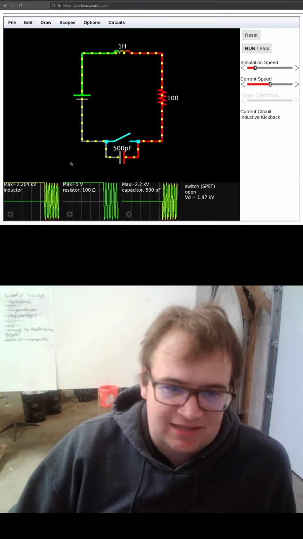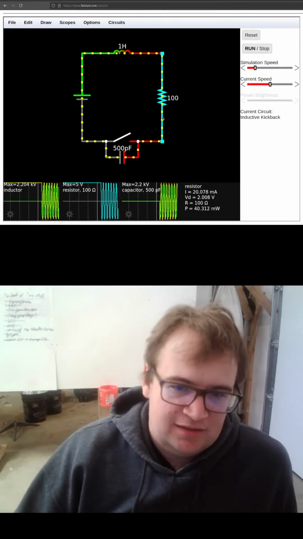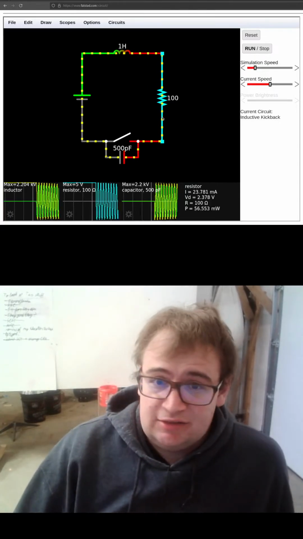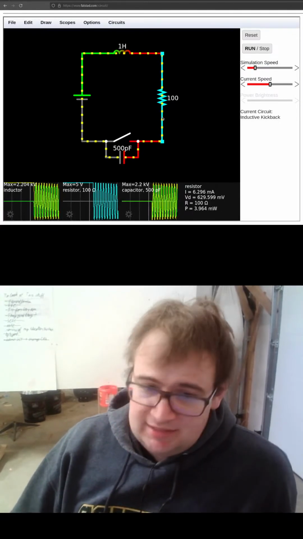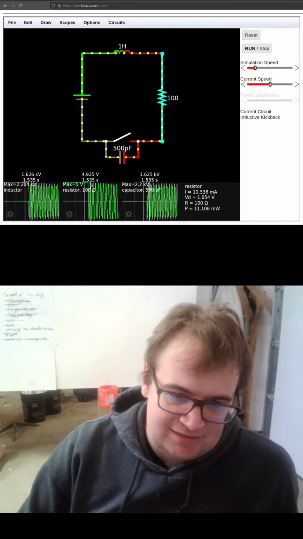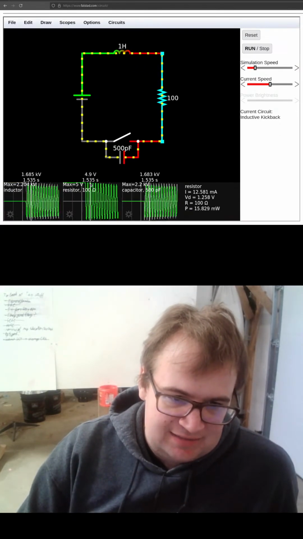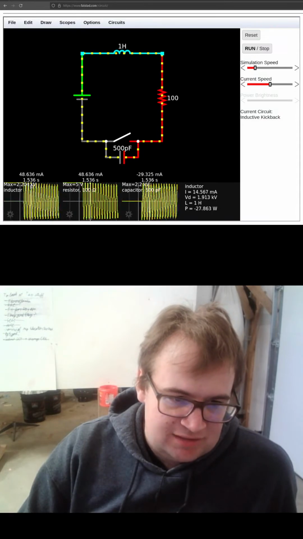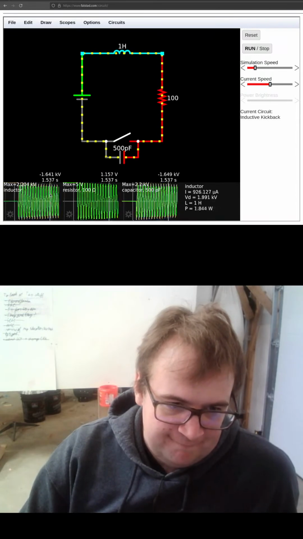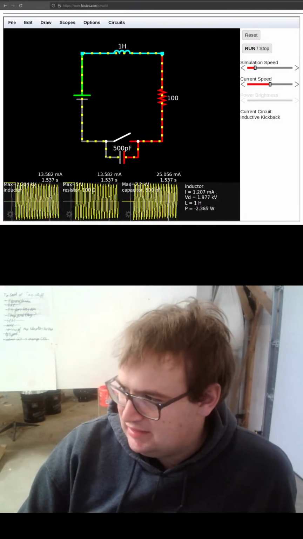So it just basically freaked right out, because it's like, hey, wait, you're trying to change my current, and I really dislike that. So now we're going back and forth, like you see here. The max still there is only 5 volts, and it's just along this inductor that we see these kilovolts.